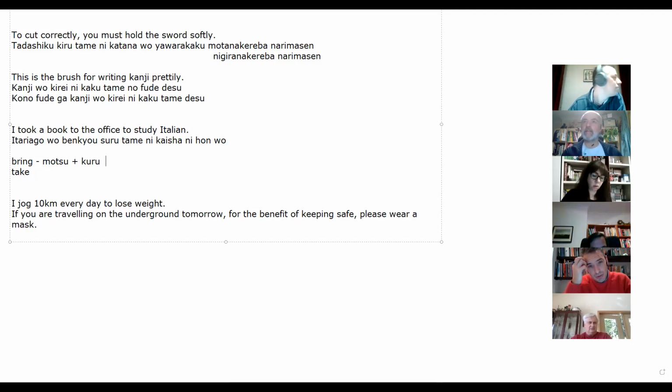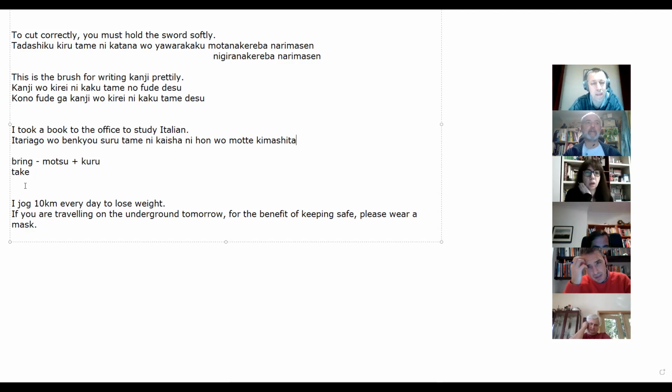And this connection is made using te. Okay, I'll now leave you to make this. Hon o motte kimasu. Yeah, this is in the past tense, so. Kimashita. Very good. Motte kimashita.